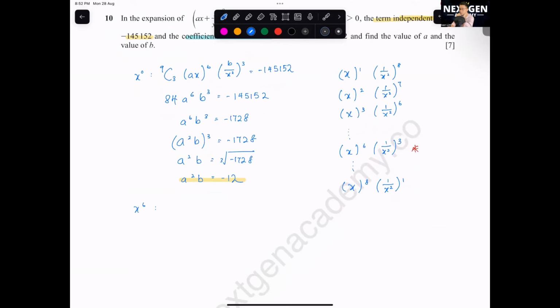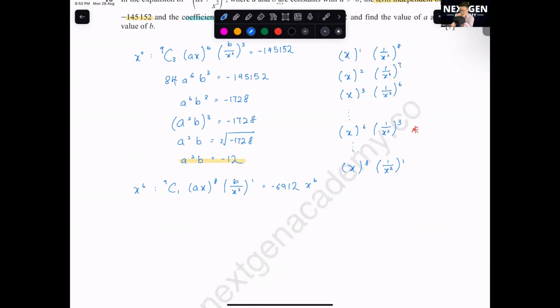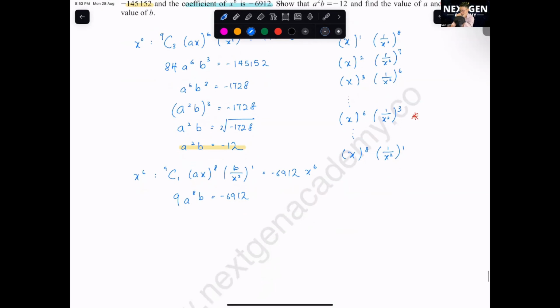We will write it as 9C1 (ax)^8 times (b over x squared)^1. Then you get negative 6912 at x to the power 6. Later, the x to the power 6 you don't actually need to write. So just open up the bracket: 9a^8 b equals negative 6912. Divide it, a^8 b equals negative 768. So I got equation 1.